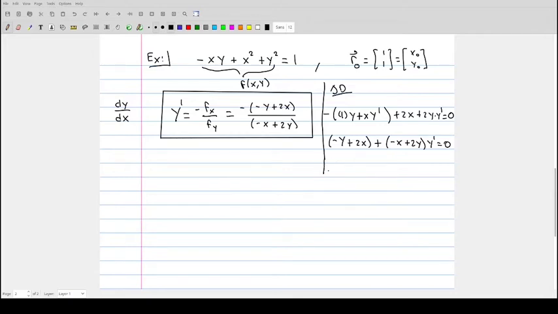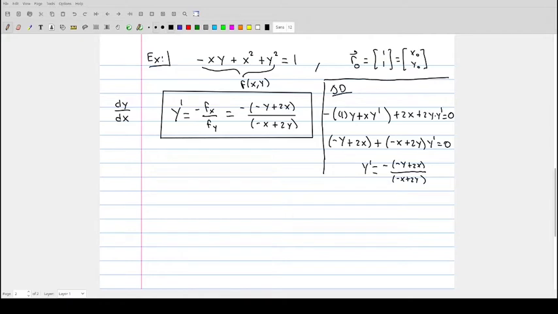And if you solve for y prime, you get that y prime is equal to negative y plus 2x divided by negative x plus 2y, which is exactly what we attained using implicit differentiation for multivariable functions, but this method is a lot faster and it includes less algebra. So I would definitely say that that's a preferred method for going through and doing this derivative calculation.